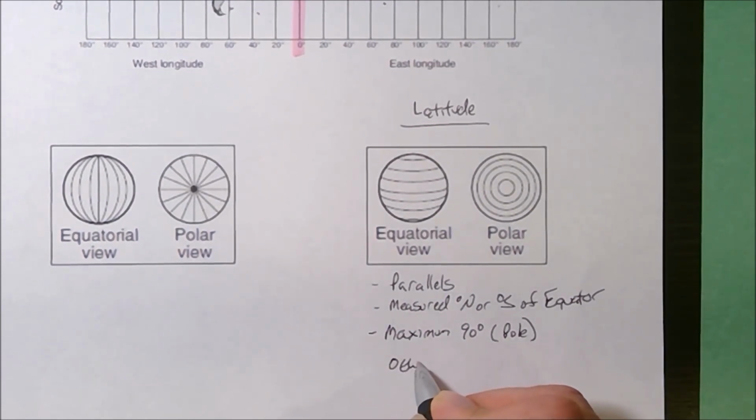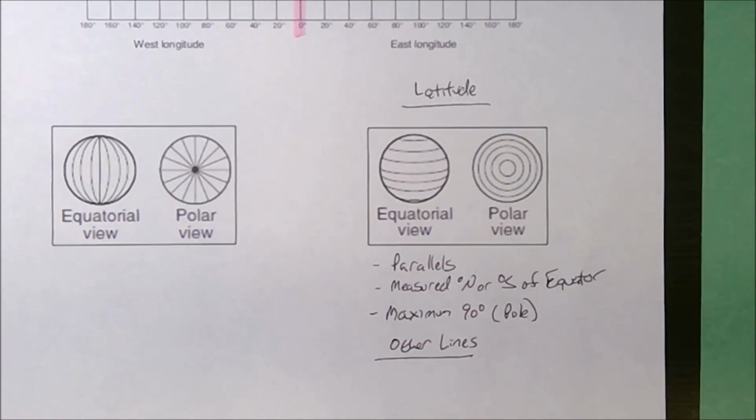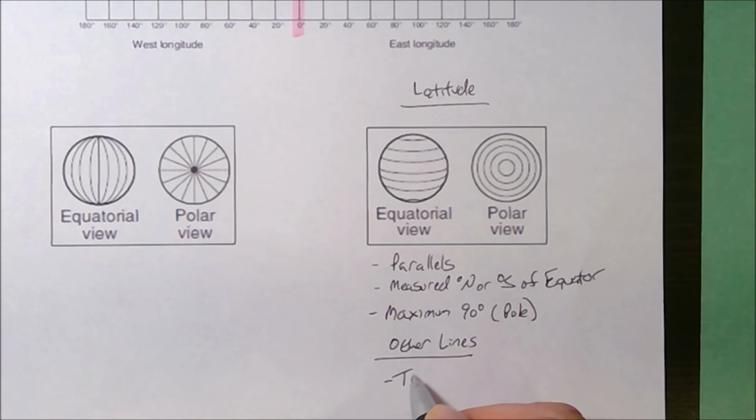Now, other lines of latitude that we will deal with. There are two lines, one in the northern hemisphere, one in the southern hemisphere. You have the Tropic of Capricorn and the Tropic of Cancer. Now I wrote them the other way. N comes first.